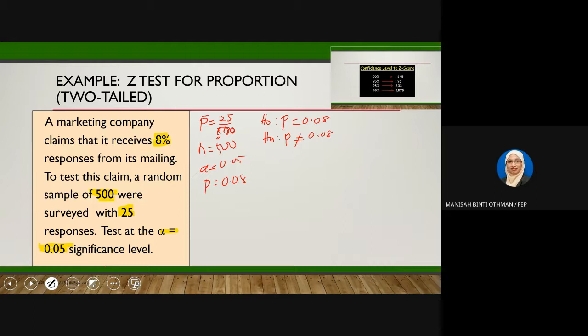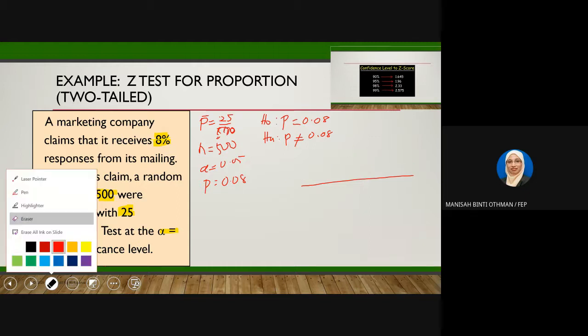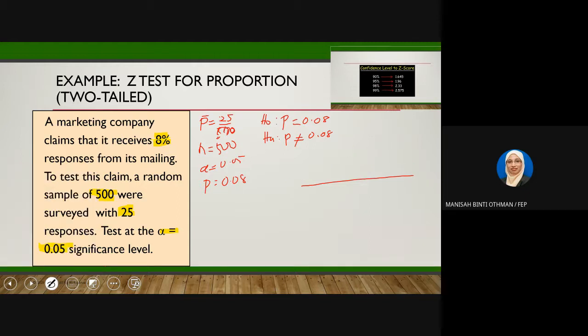Then you have to identify the critical area. It's a two-tail test here.